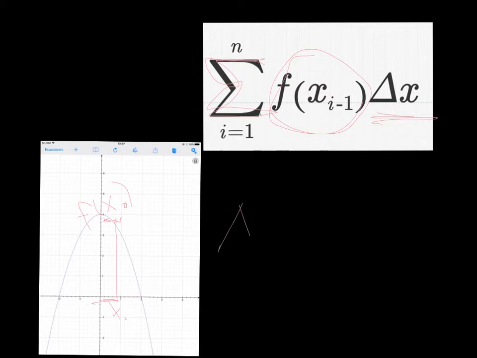So delta x is going to be b minus a over n, being a the first point, b the second point, and n the number of rectangles in which we are going to divide the total area.